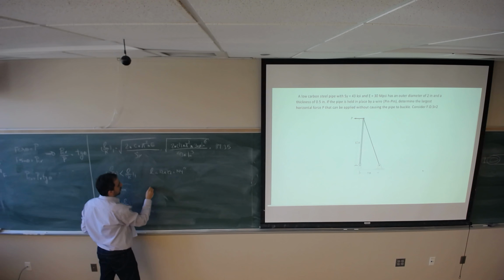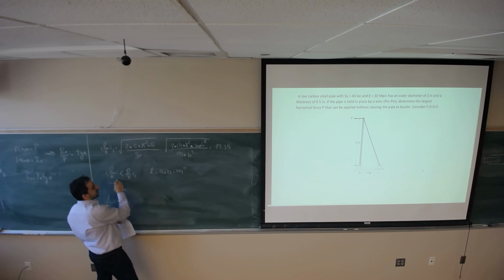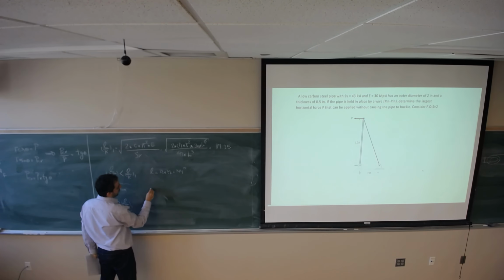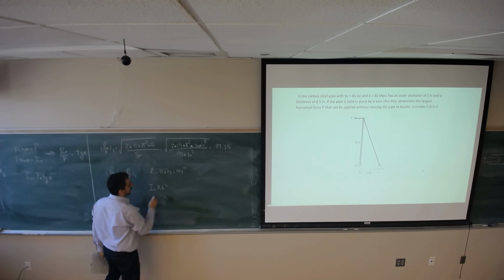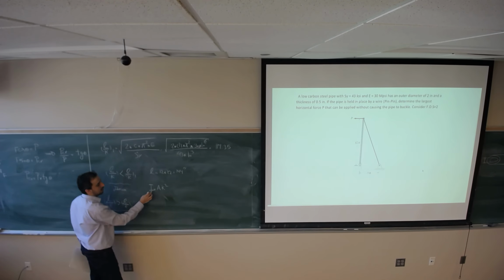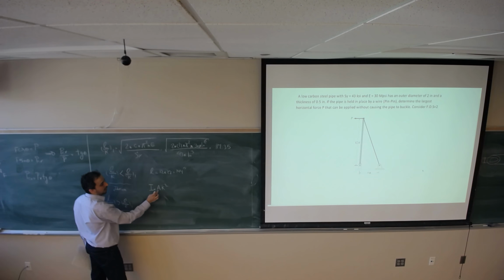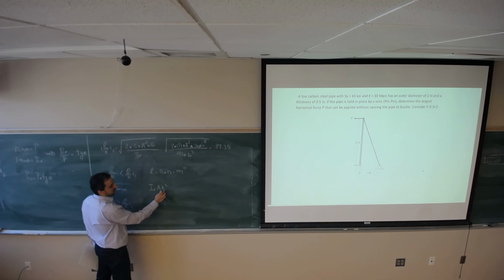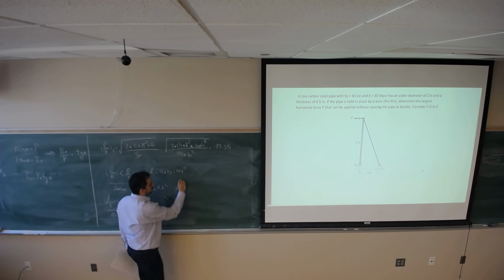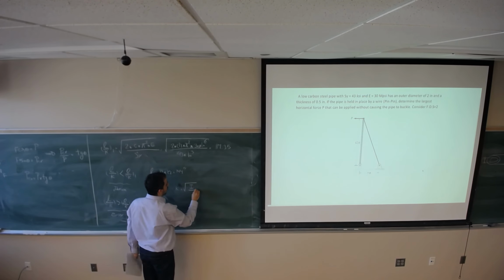Now I'm calculating K. I is A times K squared. I is the second moment of area, and A is the cross-section area. If I know these two, I can find K squared. K is the square root of I over A.